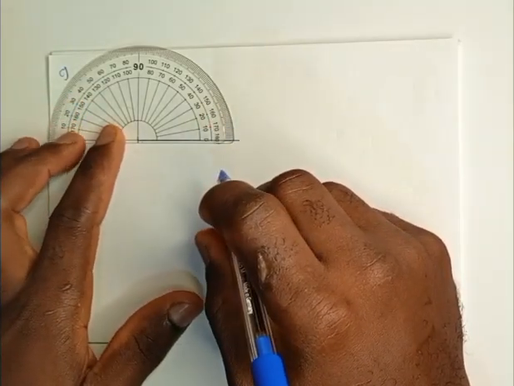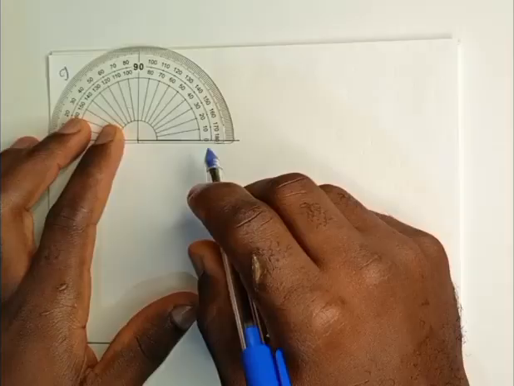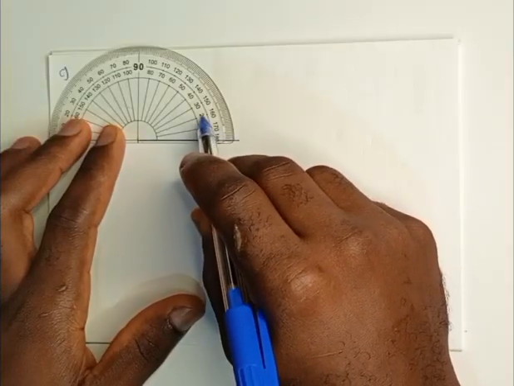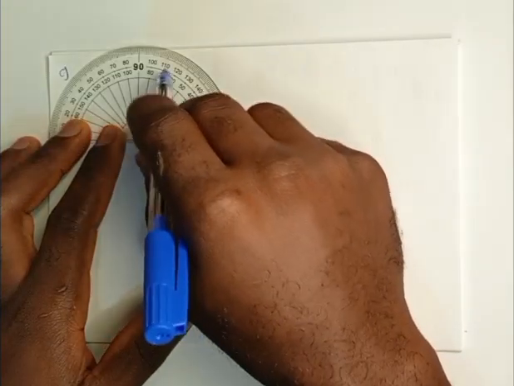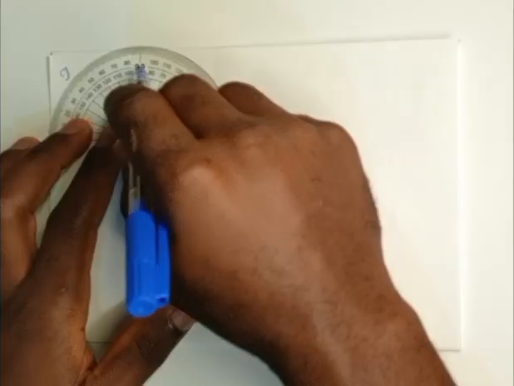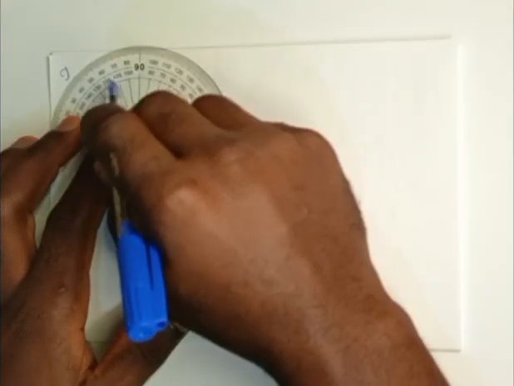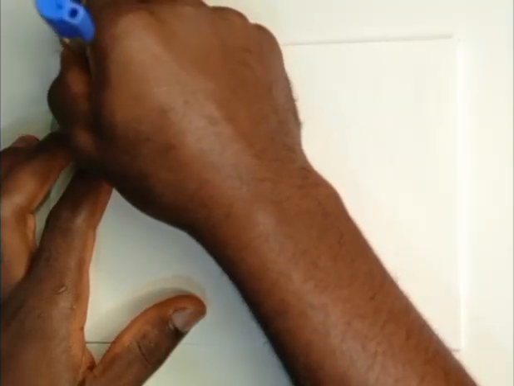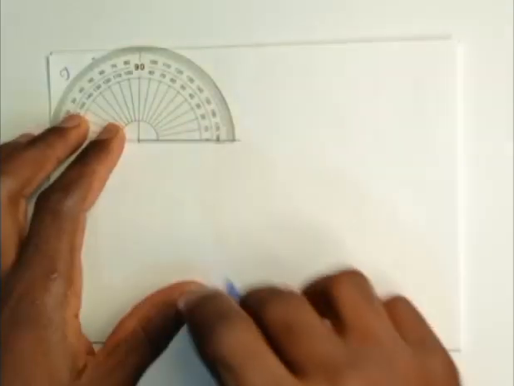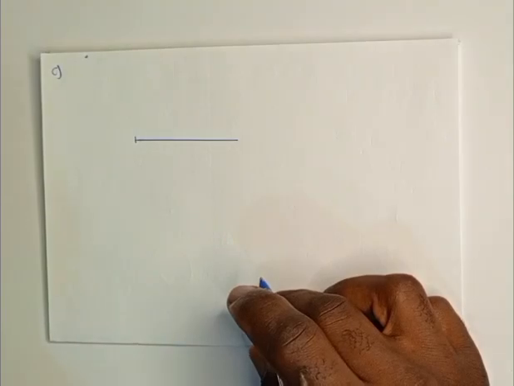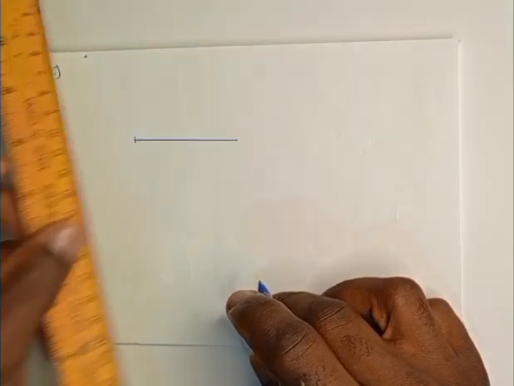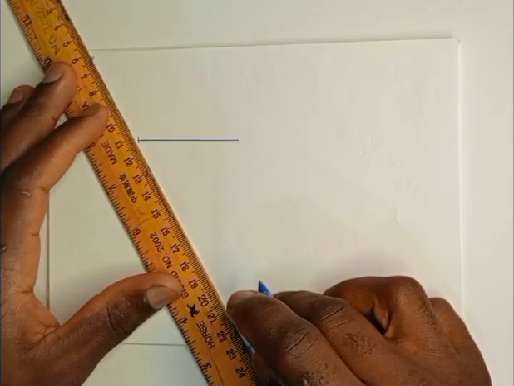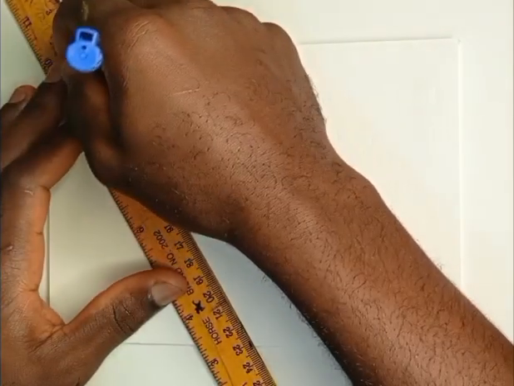Then we read the angle 120 degrees. This is 0, 10, 20, 30, 40, 50, 60, 70, 80, 90, 100, 110, 120. This is 120. We put a dot here. Then we use our ruler to connect the dot to the initial point of the initial line. Such, connect them.